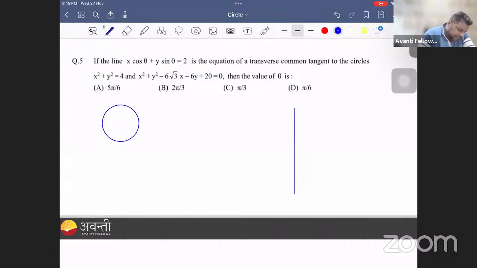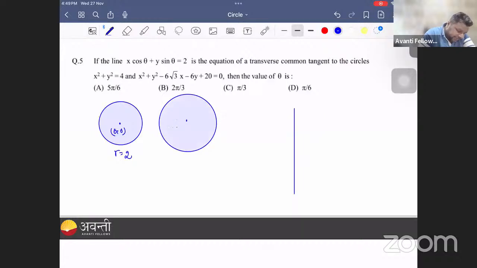See, one circle is there with center 0, 0 and radius 2. The other circle is there with center 3 root 3, 3 with radius as under root of 27 plus 9 minus 20, that is 36 minus 20, 16. So it is 4.